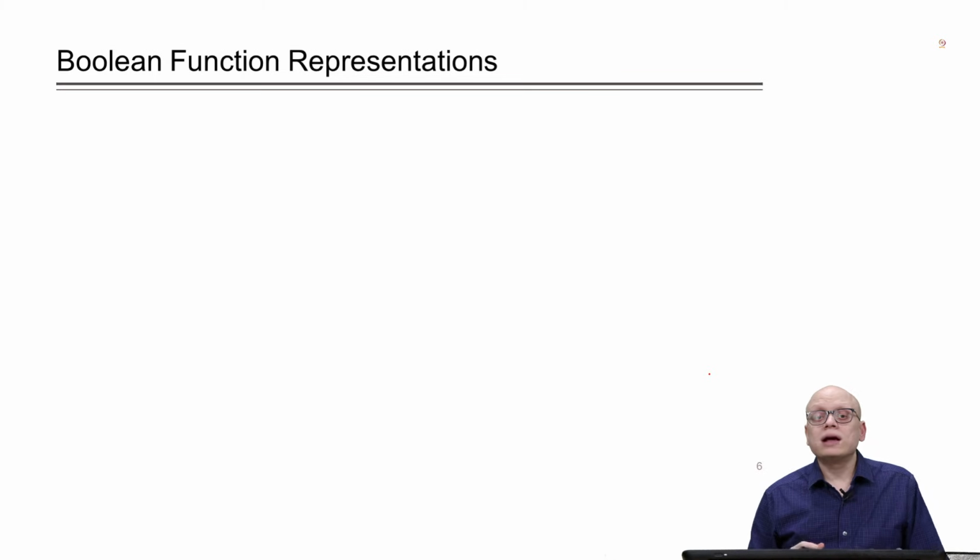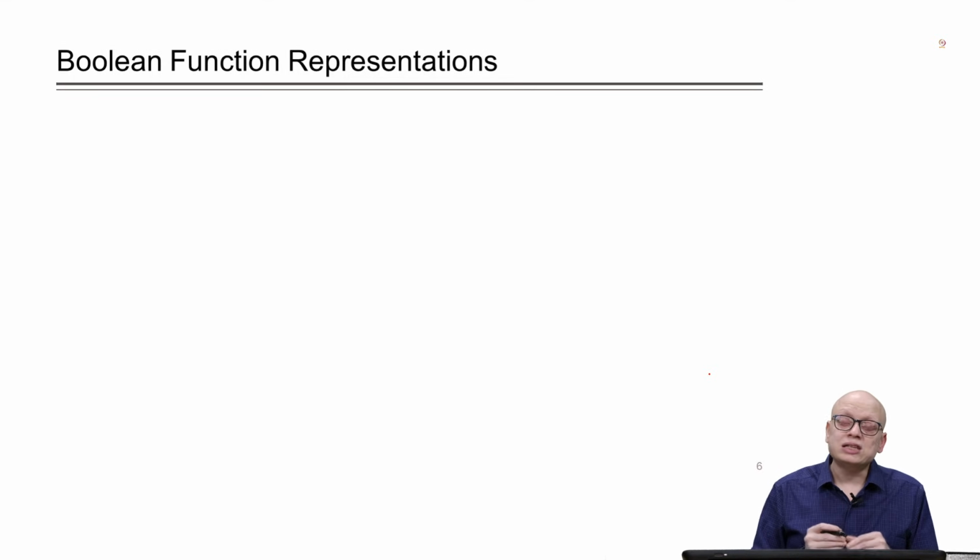Now, let us look at a few representations of a Boolean function. Why should we be worried about the representation of a Boolean function? Because many logic optimization tasks and manipulations of a Boolean function are strongly dependent on its representation. For some Boolean function representations, the task of manipulating them may be very difficult.